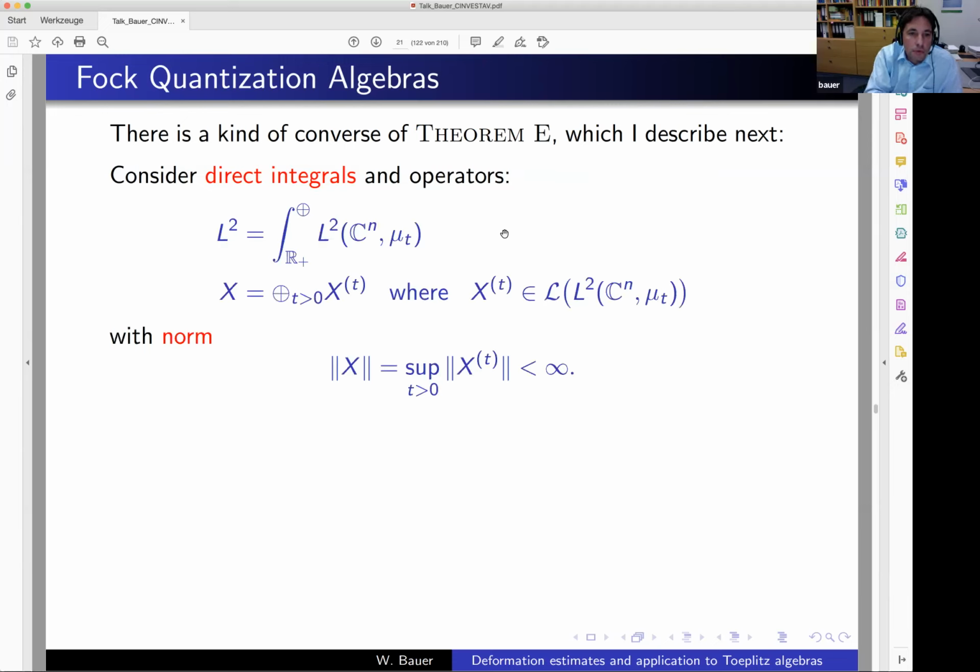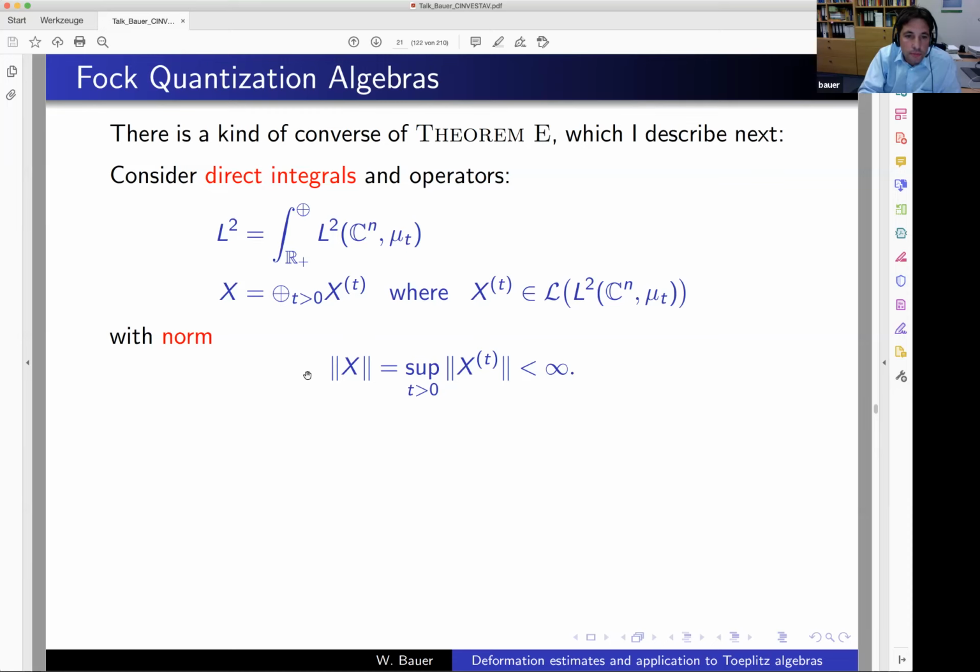And here I want to do the following. So I look at these L2 spaces with respect to this family of Gaussian measures, and I take the direct integral of this. And this I denote by L2. So it's the direct integral of all these L2 spaces where t, the time parameter, runs from 0 to infinity. And on this, I consider operators which are direct sums of operators X_t. Each operator is a bounded operator on the corresponding L2 space.